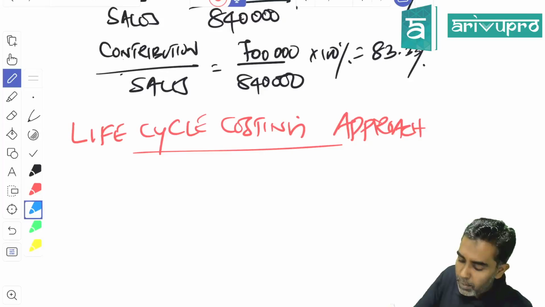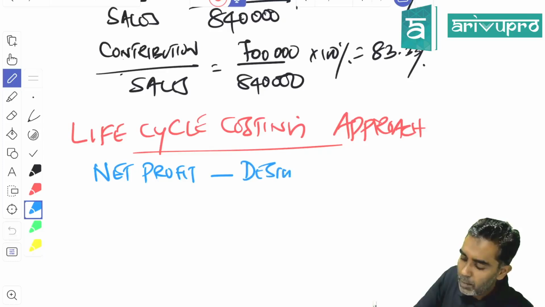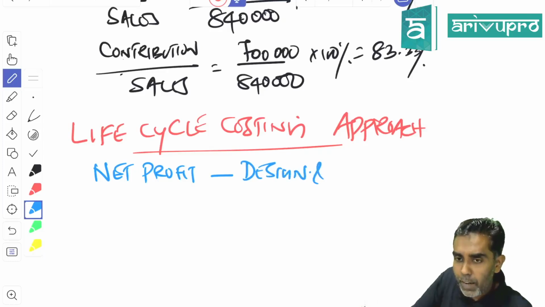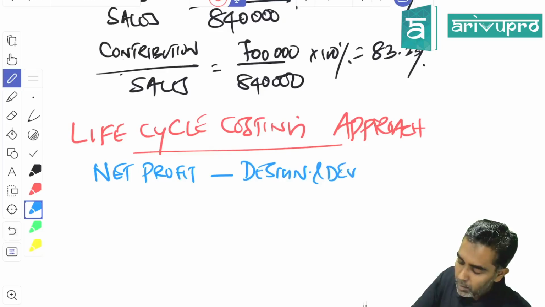Right, okay. From the net profit minus design and development cost equals life cycle profit.